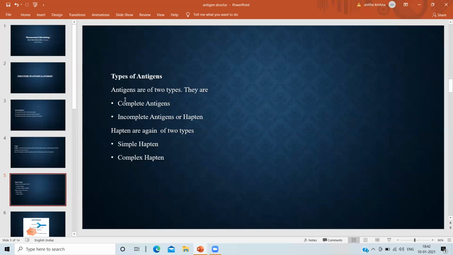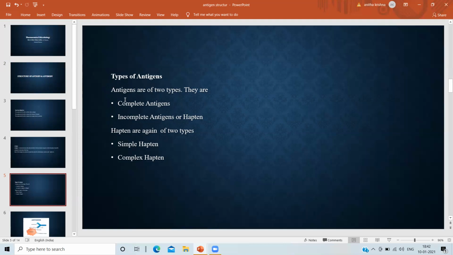What are complete antigens? Complete antigens have the capability of stimulating the immune response, producing antibodies and reacting specifically with that particular antibody. So these are true antigens. Incomplete antigens or haptens are chemical substances with low molecular weight, and they do not have any capacity to induce an immune response or produce antibodies.